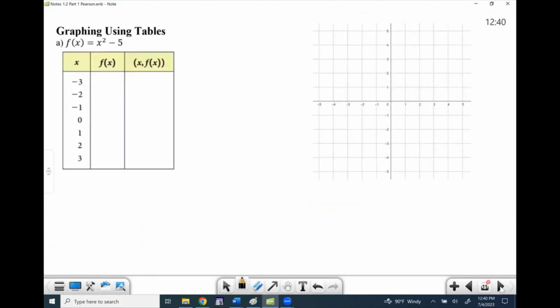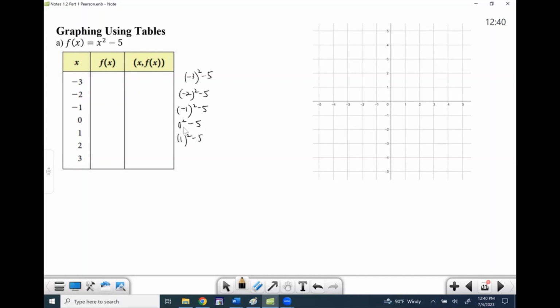Okay, graphing using tables. All right. So they've already picked the x values for you. So you're just going to substitute them in, okay? So if negative 3 is my x, negative 2 is my x, negative 1, 0, 1 squared.